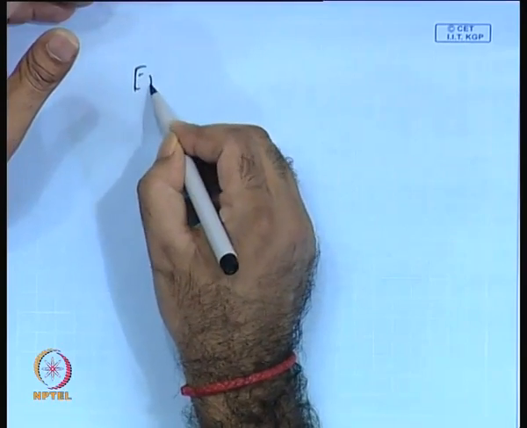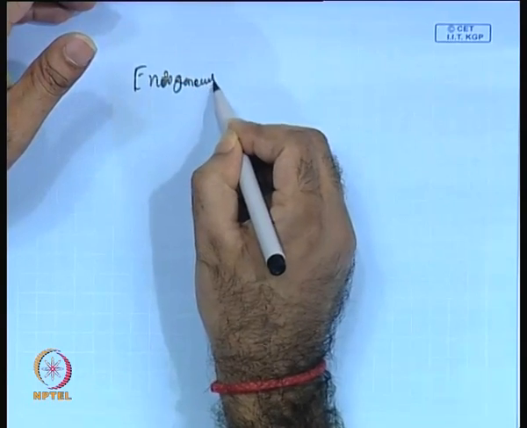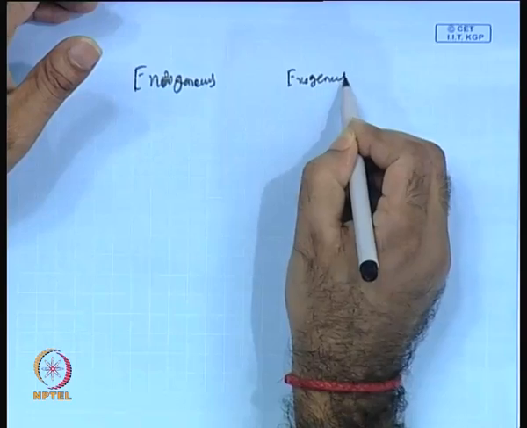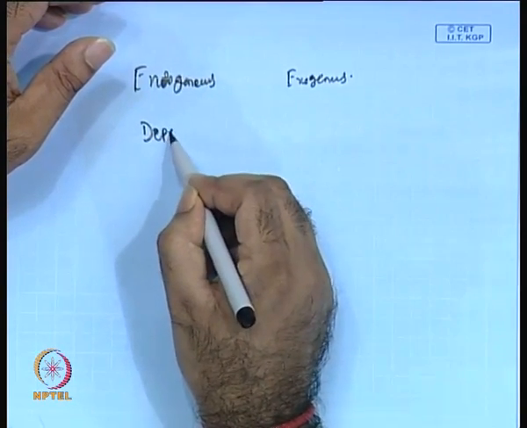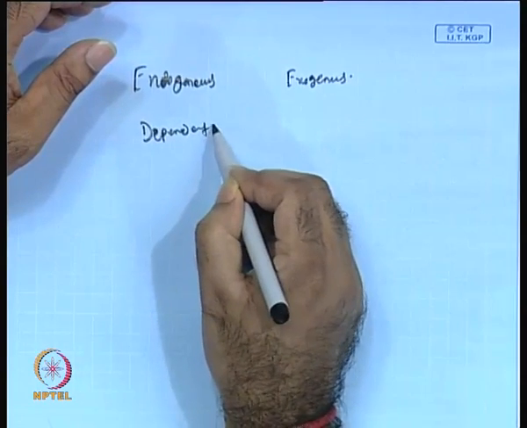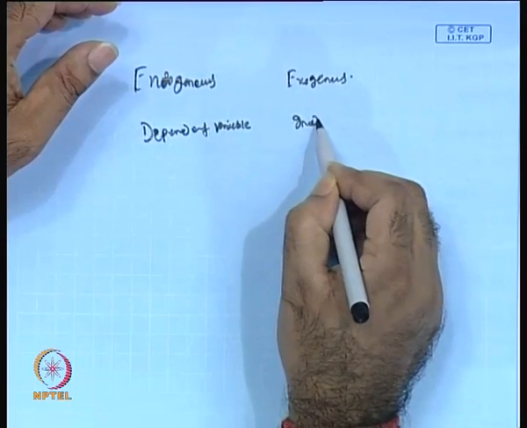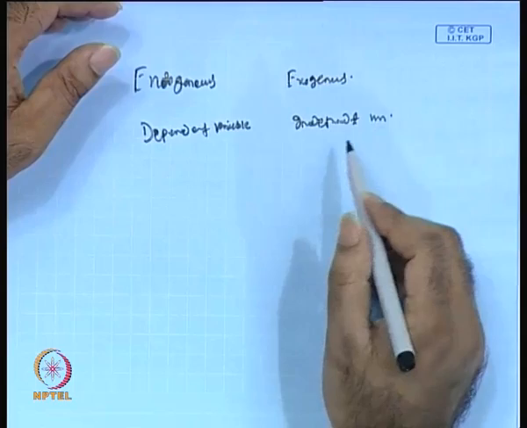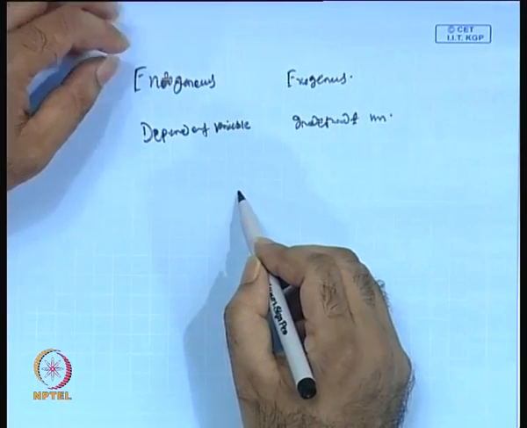So basically, it is the game between endogenous variables and exogenous variables. That means it is the game between dependent variables and independent variables in the model.